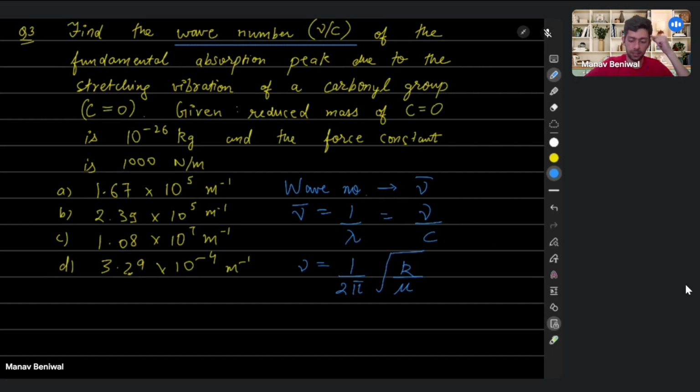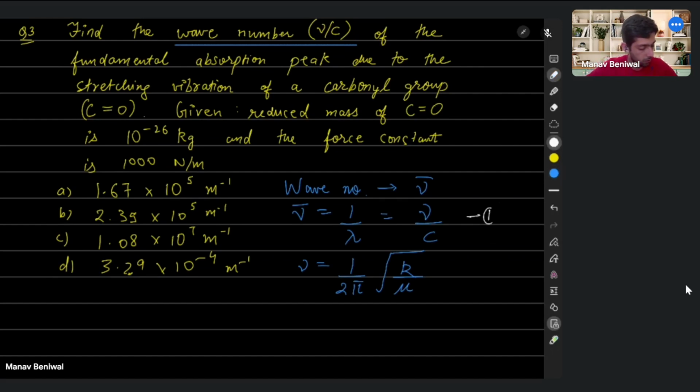So we know that this is mu, and if we divide this by the speed of light on both sides, we will get the wave number. So we'll use these two equations.